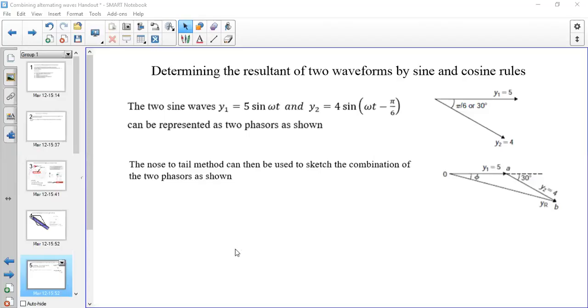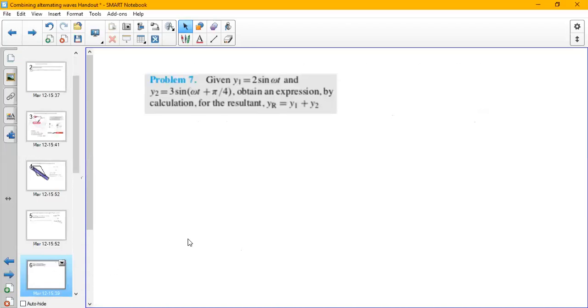Right. So I'm going to go back to sharing this, and on your next page, there is a problem for you to have a go at. So you've got y1 as 2 sine omega t, and y2 is 3 sine of omega t plus pi over 4. So pi radians is 180.